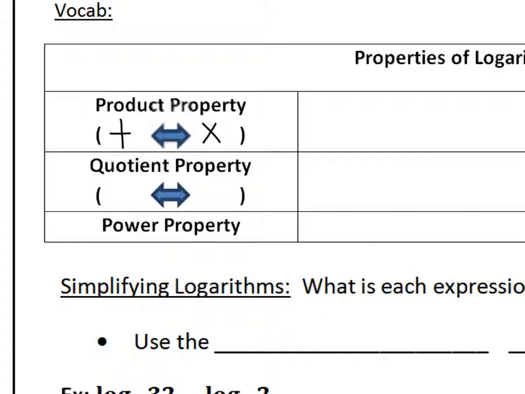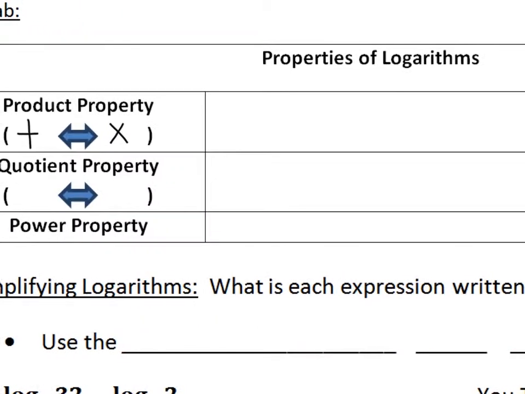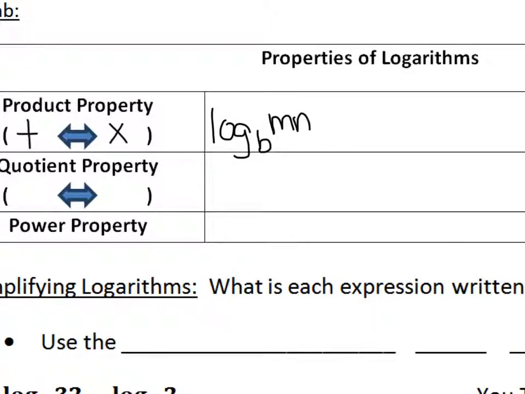So if you have 1 log of base b where the 2 numbers are being multiplied, then that means you could simplify them or expand them into 2 logs by addition.